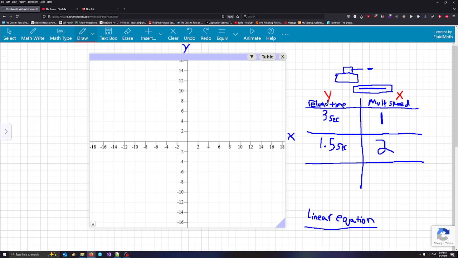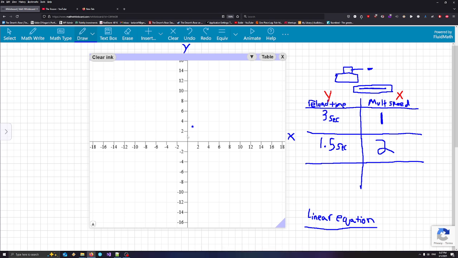But you could see when we have a correlation between two sets of numbers, we can actually plot them on a graph. So let's go back to our graph and actually plot these. So our x is 1. That's about here. And then our reload time is 3, which is about here. Okay. And now for the other one, we have reload time of 1.5.